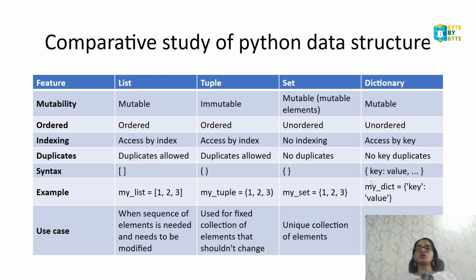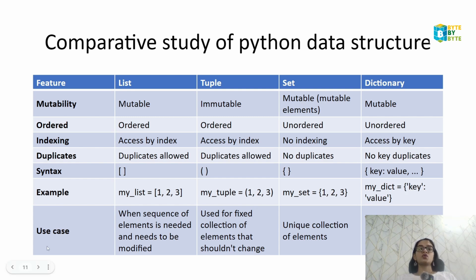Dictionary also uses curly brackets, but there is a structure: key colon value, comma, key colon value. So these are the examples of how you can create list, tuple, set and dictionary. This is your list with the help of square brackets, then your tuple with round brackets, your set with curly brackets and your dictionary with key value pairs.